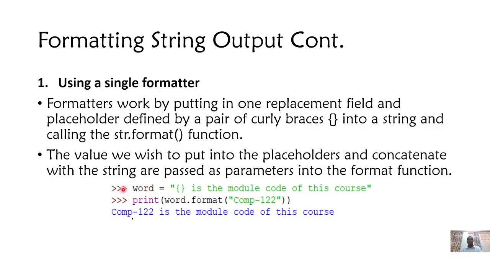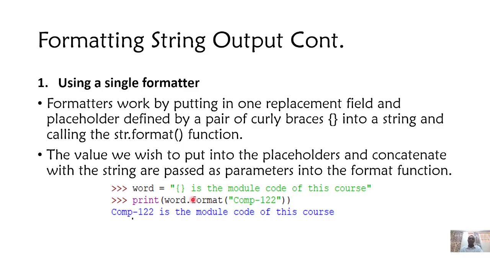Here, string.format is used on a variable which has a string value. We've got word, then a curly bracket, is the module code of this course. The curly bracket is more like a placeholder which is going to be taken from somewhere.